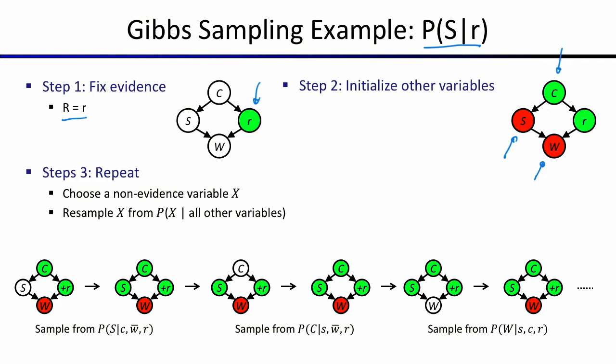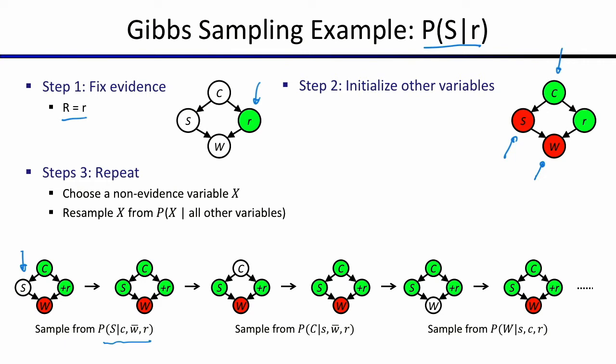So for instance, let's suppose that we choose a variable S. We're going to only change the variables that are not evidence. We're going to keep the evidence fixed. So we're going to choose those variables that are non-evidence variables. S is a non-evidence variable, so I choose S to start. It was randomly chosen, and now I'm going to sample the value of S given by this distribution here.